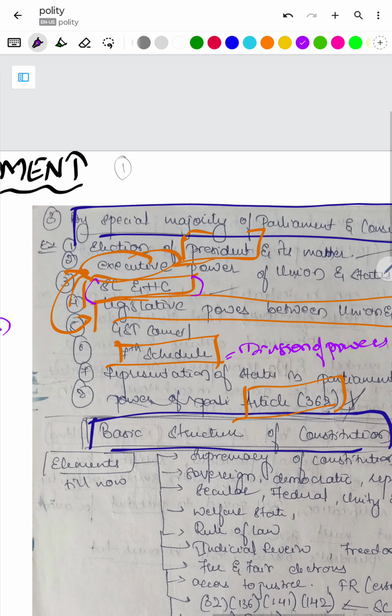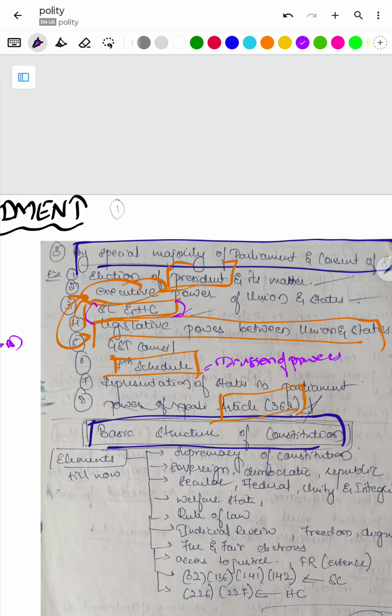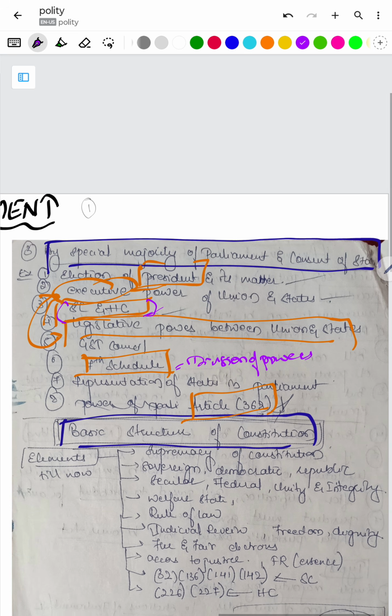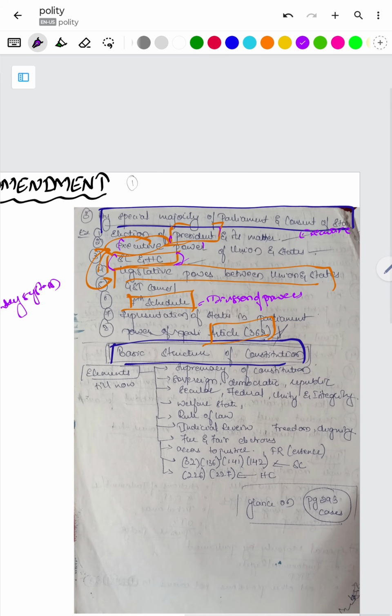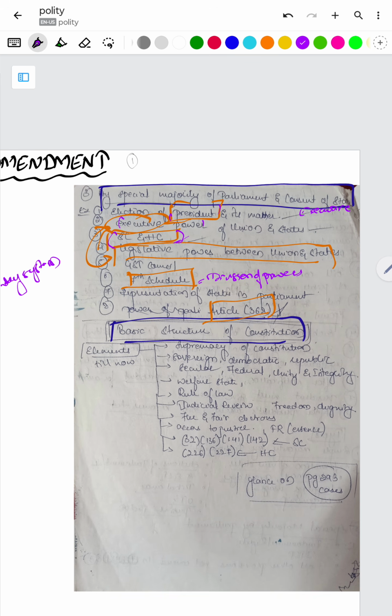This one can be remembered. And election of the President and its matters. Okay, special majority with, okay, President also and High Courts. Okay, executive powers. When executive comes, you can go with consent of states is also required. Okay, got that.